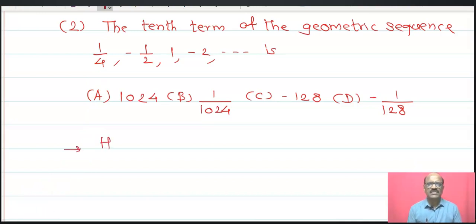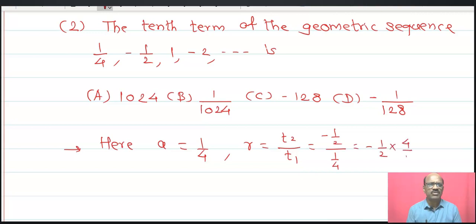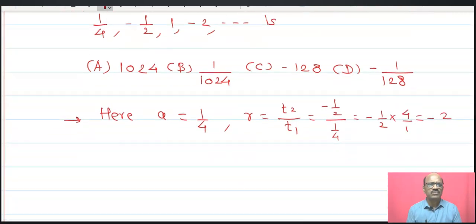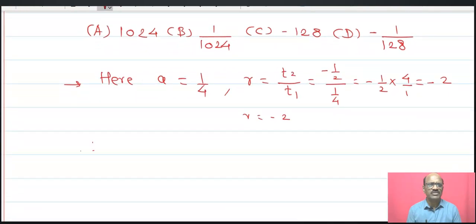Here A is equal to 1 upon 4, R is equal to T2 upon T1, that is minus 1 upon 2 upon 1 upon 4, and R is equal to minus 2. This is the geometric ratio.